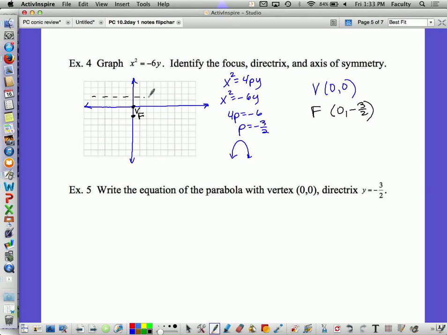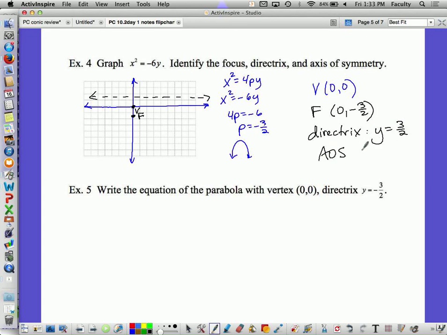The directrix would be at x equal, no, sorry, y equals 3 halves.